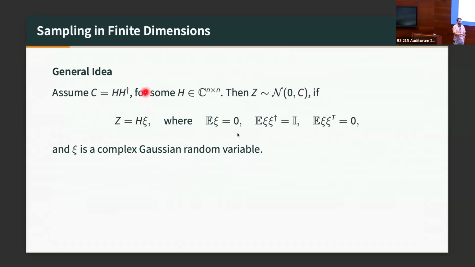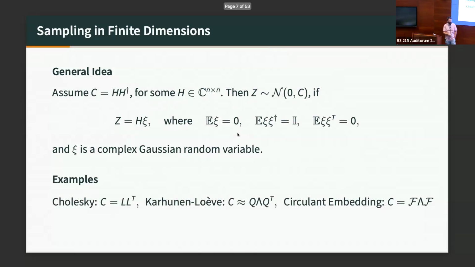So after discretizing, you have an n by n matrix, in general complex, which you factorize into n by n blocks H and H Hermitian. And then if you've got this factorization, you can take your favorite method to produce independent Gaussians and then just multiply with the factor H.